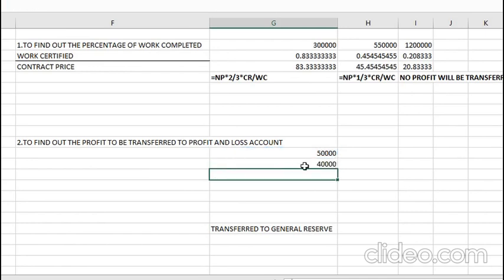So which will give you 40,000. So 40,000 is the profit which will be transferred to your profit and loss account, and the remaining will be transferred to your general reserve.